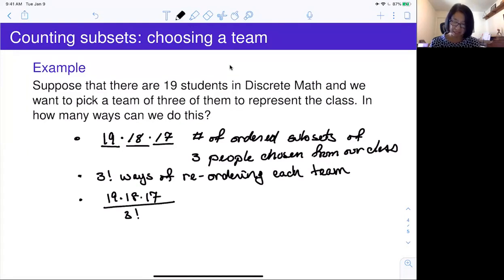Once you get used to it, you'll see that it's not too hard to come up with these formulas, but you don't want to write out a big product like 19 times 18 times 17 times ... maybe in the numerator.